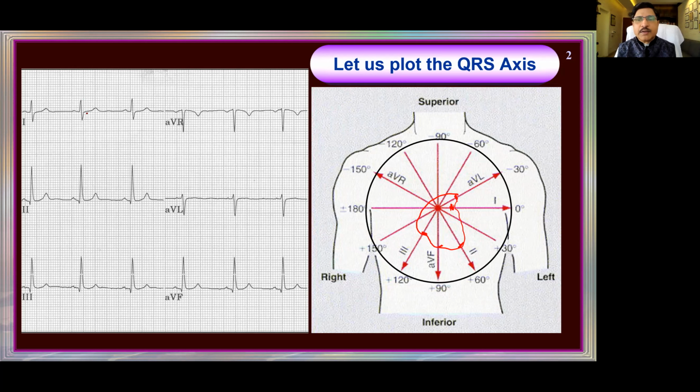Almost neutral lead is lead 1, and the main axis will be perpendicular to that. So lead 1 axis is 0, perpendicular to that is this one. So somewhere around 90, and this is 60, so my axis is probably here. That is using the neutral lead. So how many methods I told? 4 methods. Now use that and go to the next ECG.